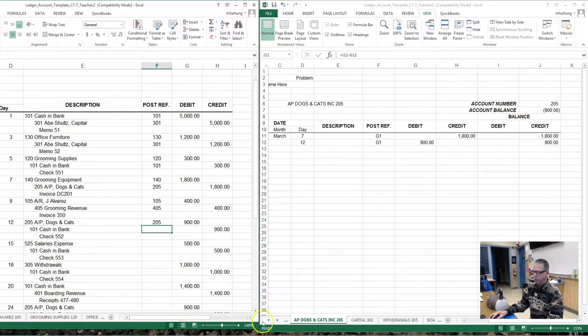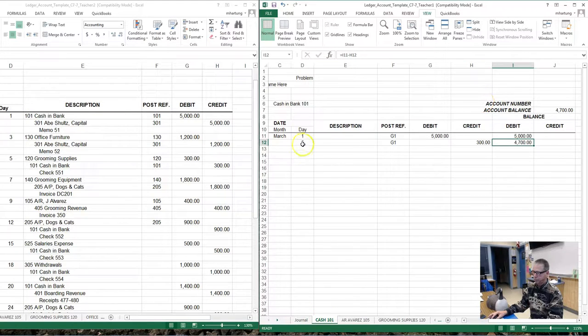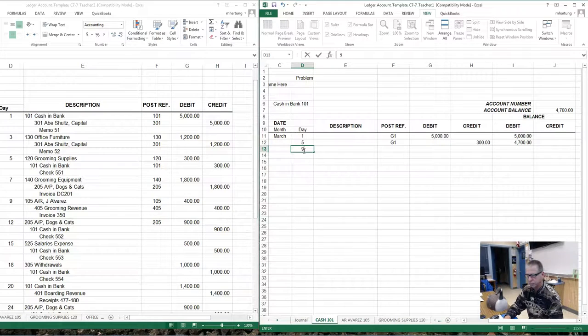And we paid for it with cash. Decrease to cash, $900. Previous balance minus the payment.